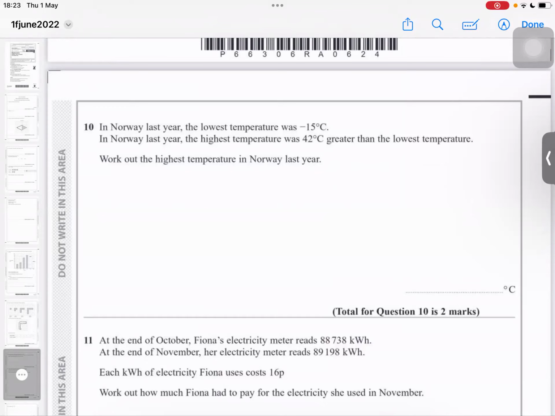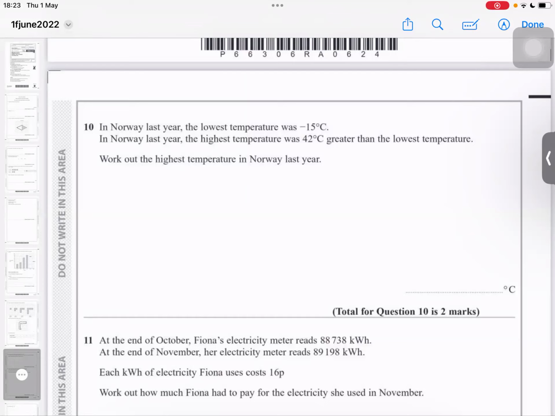Okay, it says in Norway last year, the lowest temperature was minus 15 degrees Celsius. The highest temperature was 42 degrees Celsius greater than the lowest temperature. Work out the highest temperature in Norway last year. Simple. Since it was 42 degrees Celsius greater than the lowest temperature, we'll simply add 42 to minus 15.